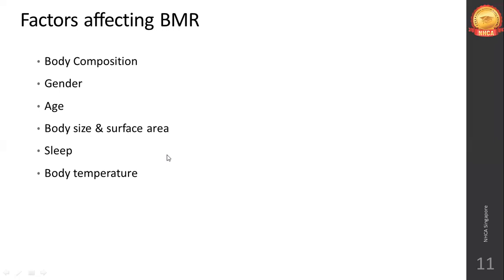If we take the seasons of summer and winter, based on the body temperature, which season do you think is easier for you to lose weight? Yeah, it's the hot seasons, the summer seasons, that are easier for you to lose weight.